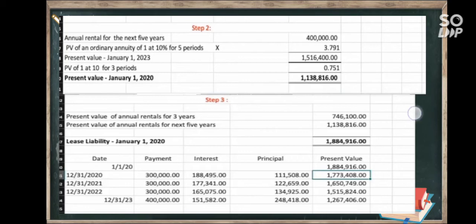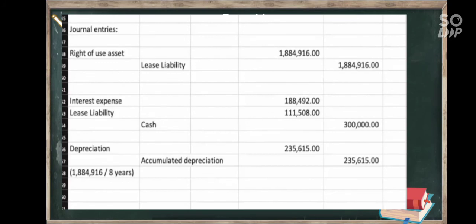Now the journal entry: right of use asset 1,884,916, debit. Lease liability 1,884,916, credit. Interest expense debit 188,482 and lease liability 111,508, debit also, and then cash 300,000, the annual payment.